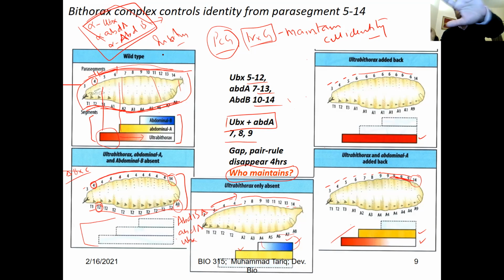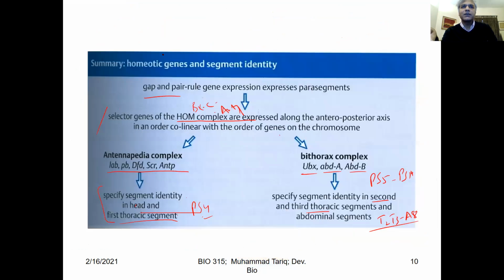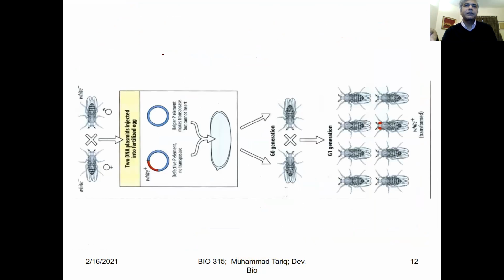For example, we will take some UBX example and understand how we apply these tools. Okay?